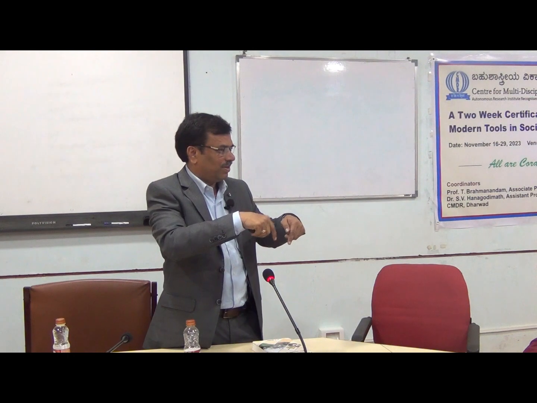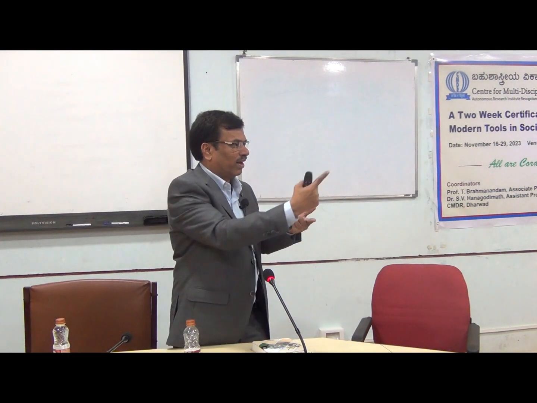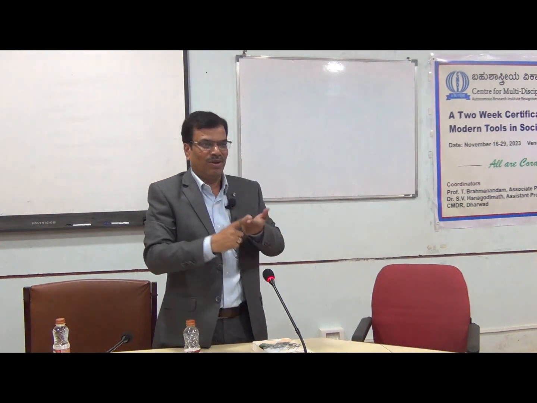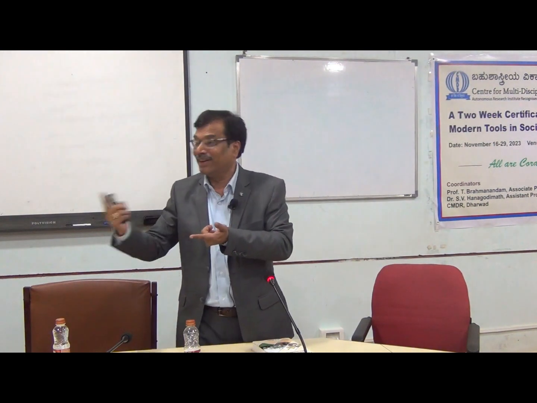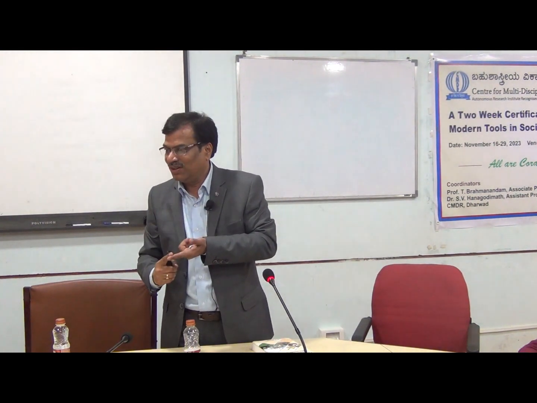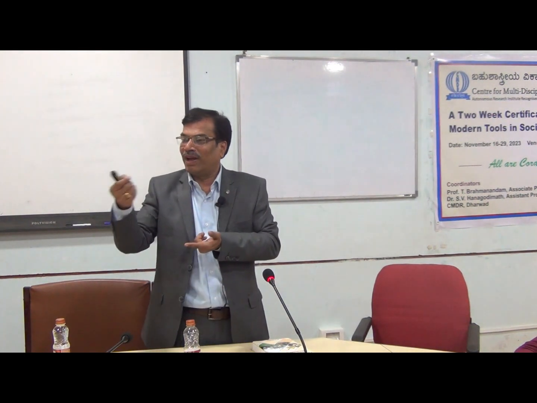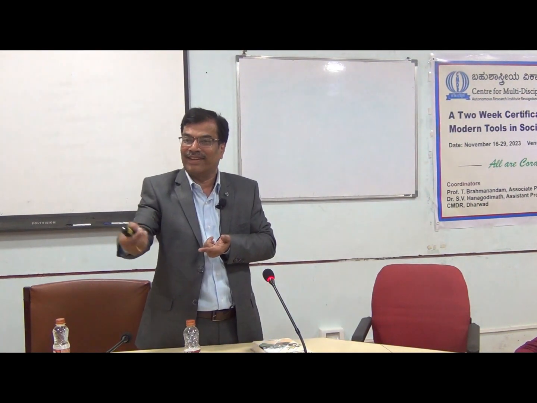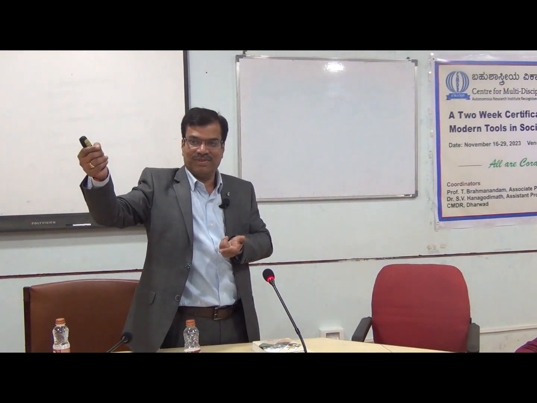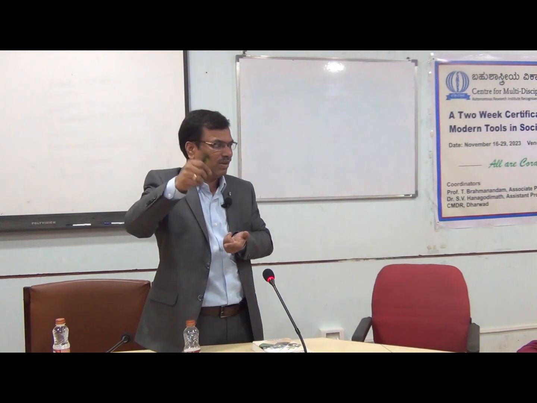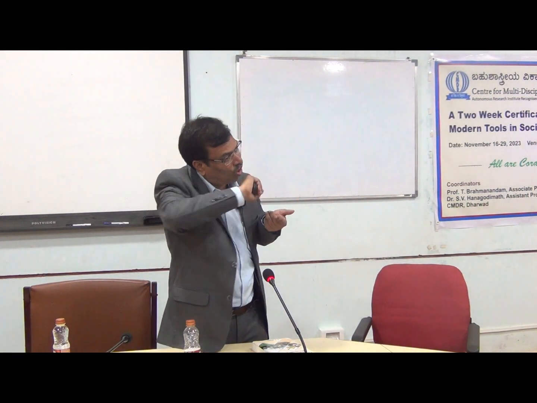In the house map, they can give one stone or stick for one piece of information, another piece of paper for another information, maybe livestock. For livestock, they can keep another stone or stick, another color. For one information given for one household, it will be similar for all households.